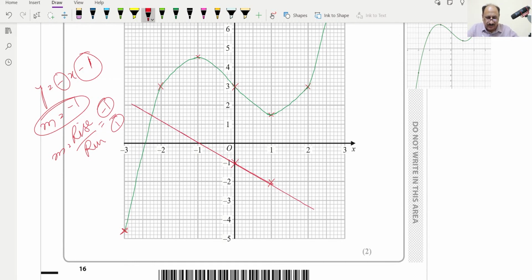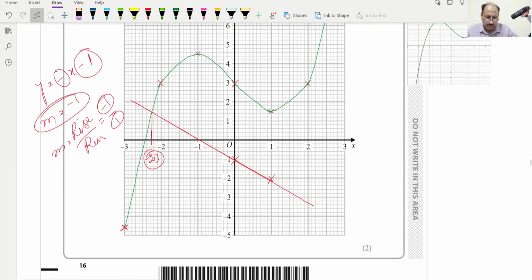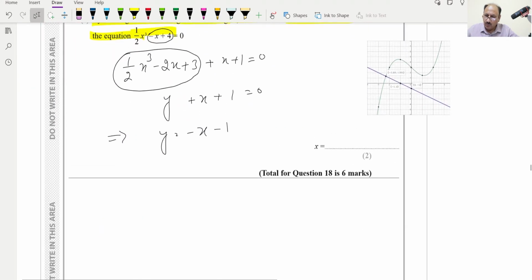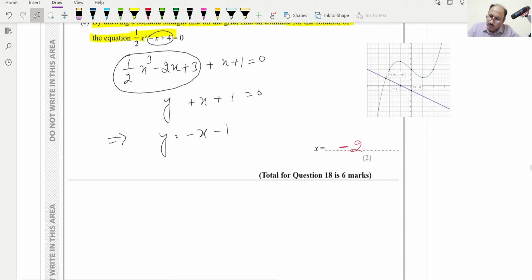And for the x intercept, we can check this one. They are asking for the solution, so the solution will be the x value, which we can write over here, which is minus 2.3. Basically we can give the value as minus 2.3.